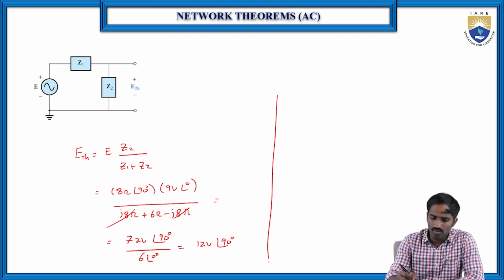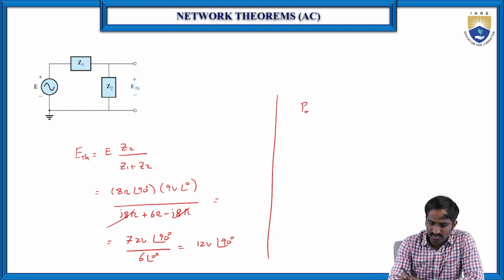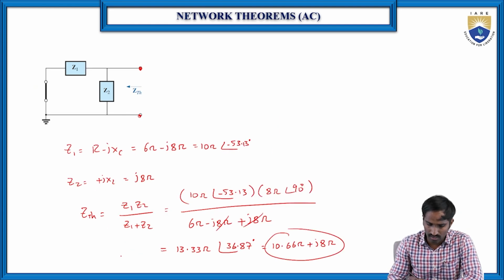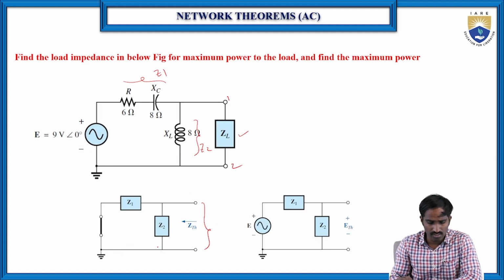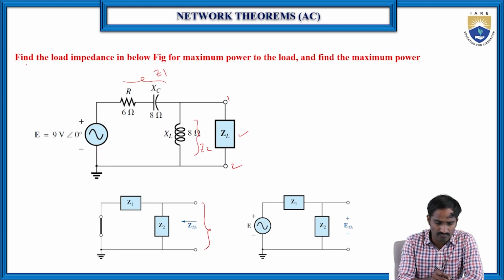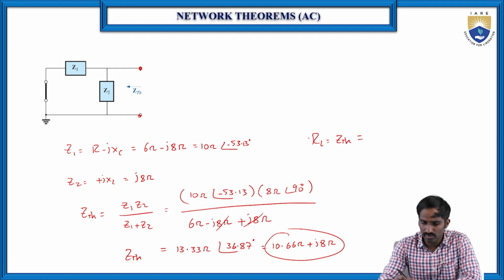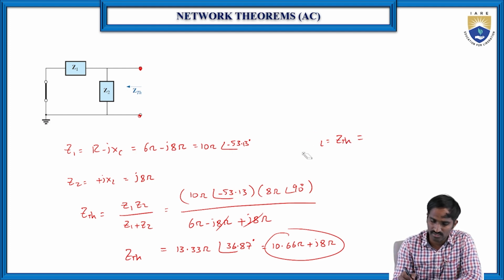Now find the P maximum. Here this is Z Thevenin. The first question is to find the load impedance. Here the load impedance, which is equal to RL, is equal to Z Thevenin. Let us consider ZL instead of RL.